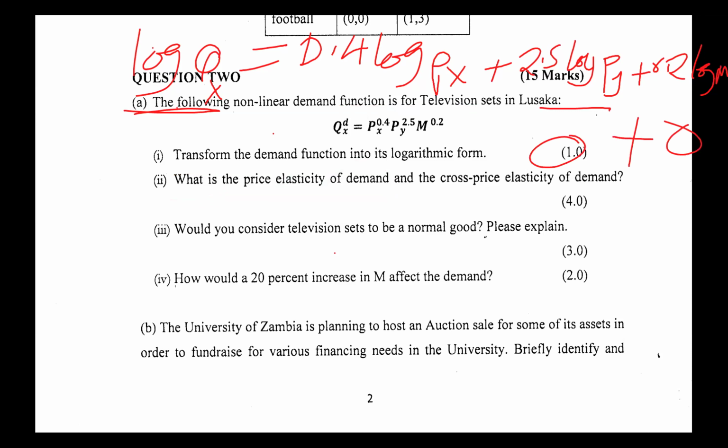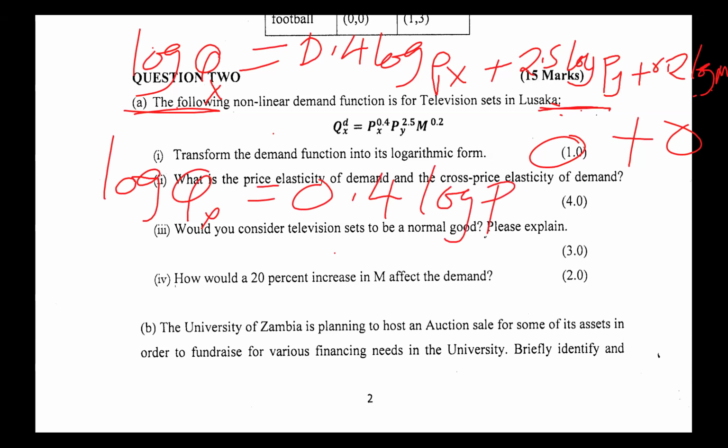I think last time in managerial economics we had something similar from differential calculus: if you differentiate a constant, you get a zero. So the only part of the equation that remains is the log of quantity of good x equal to 0.4 times the log of the price of good x.